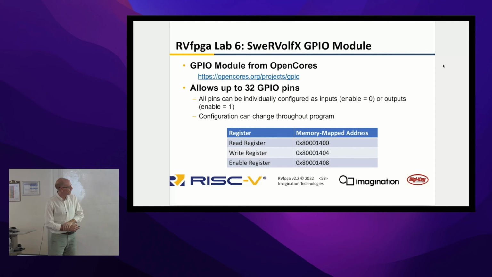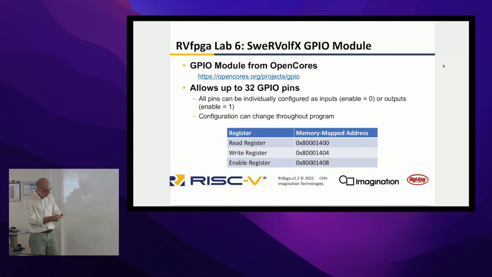So this is the memory map that we use for the 3 registers within the GPIO module. The read register is mapped to this address, write register, and enable register.